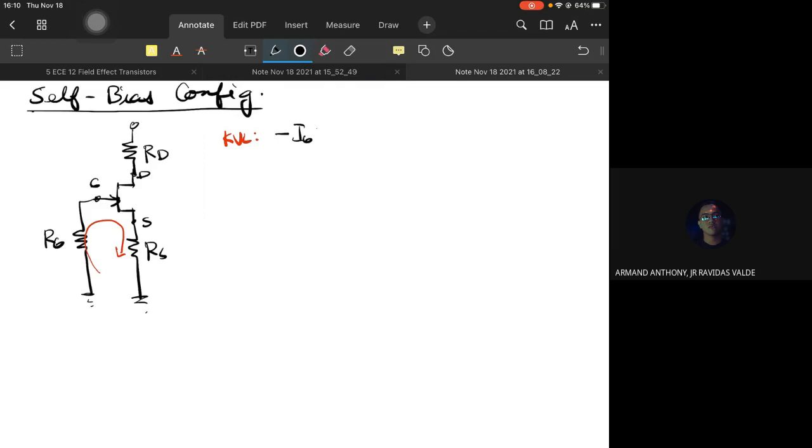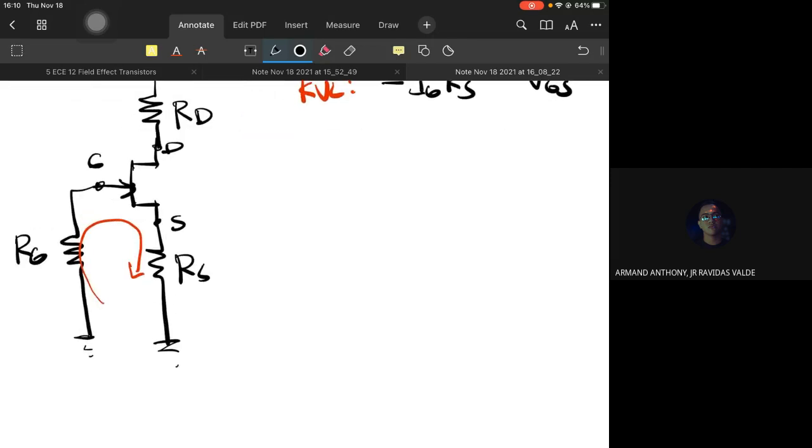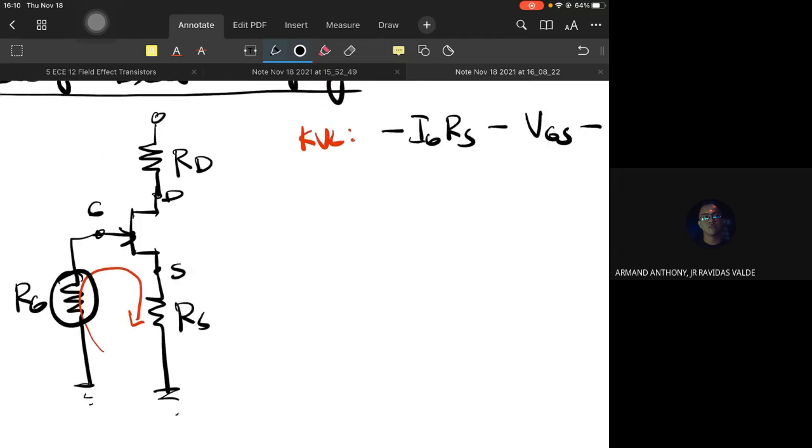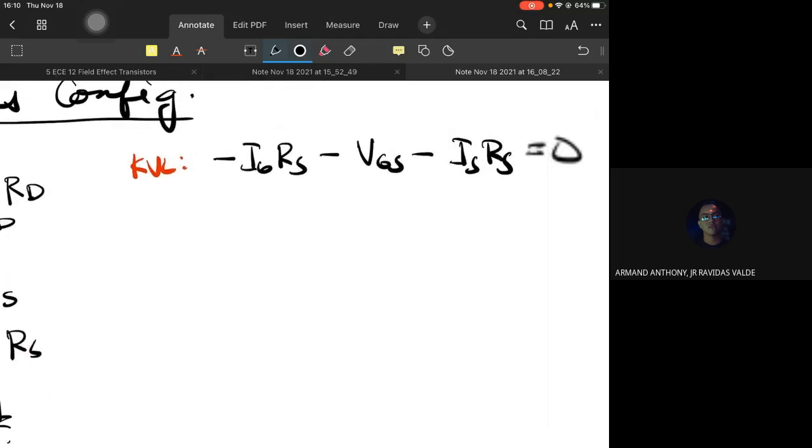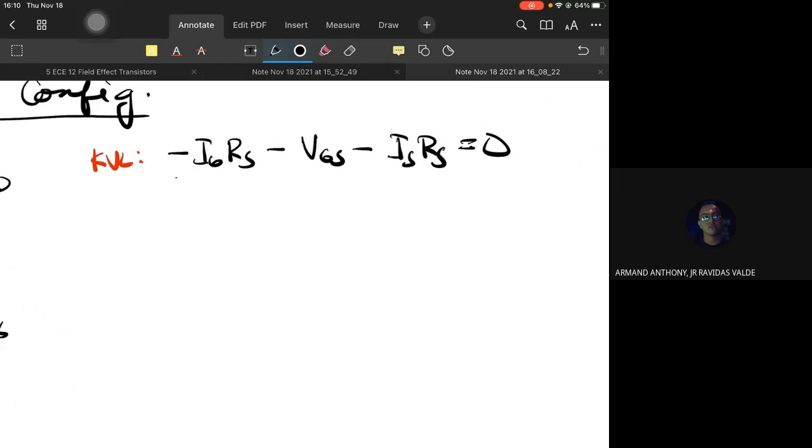Negative IG RS minus VGS minus IS RS is equal to 0. Right? The voltage across RG, the voltage across VGS, then the voltage across RS. Since IG is 0, it is gone.